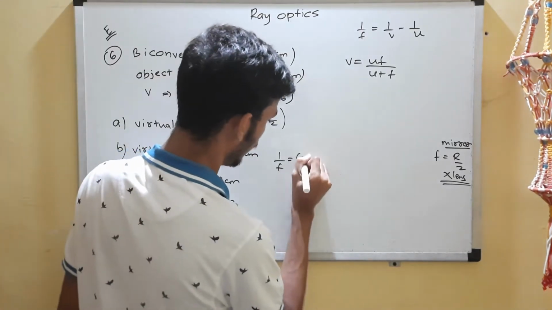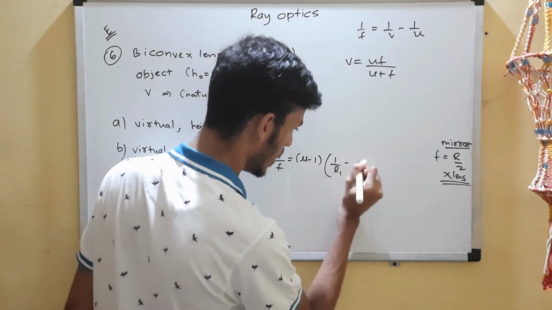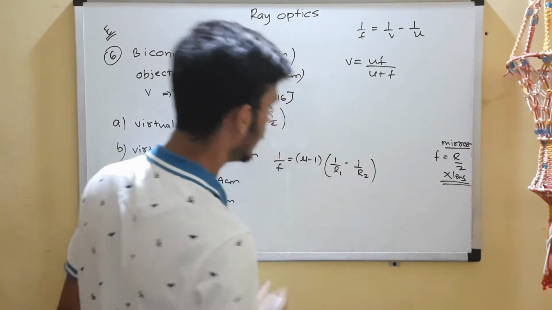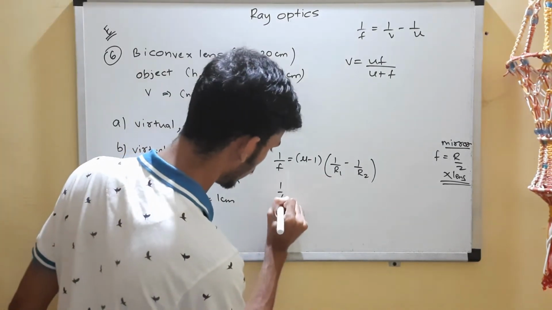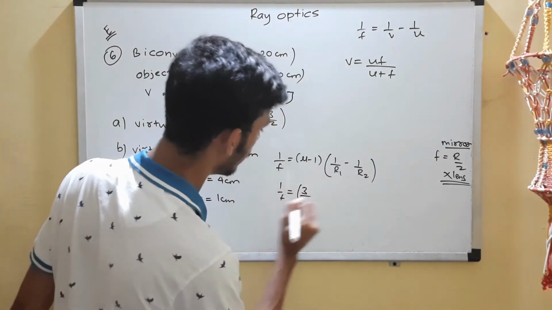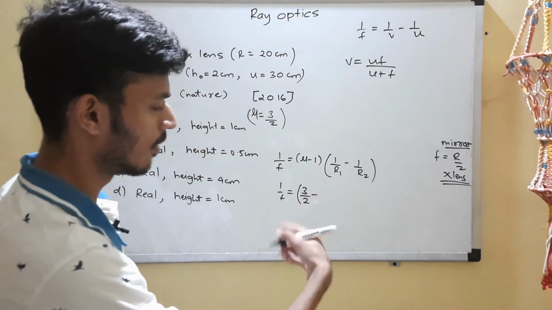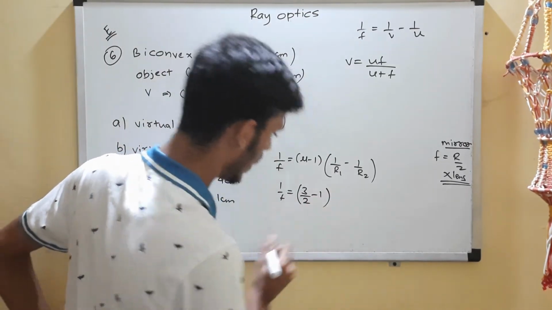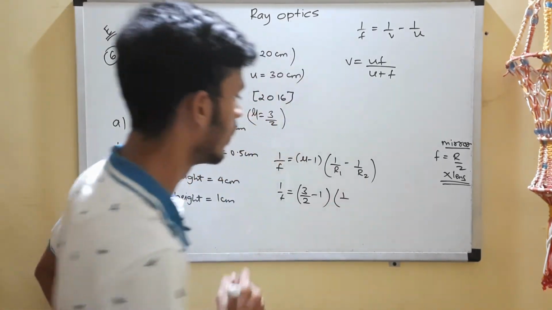So 1/f will be (μ minus 1), the lens maker formula, (1/r1 minus 1/r2), right? Here μ is given as 3/2, right? The surrounding medium is air, so it does not make any difference. It will be just 1 in the denominator, and then 3/2 minus 1, 1 divided by r1.